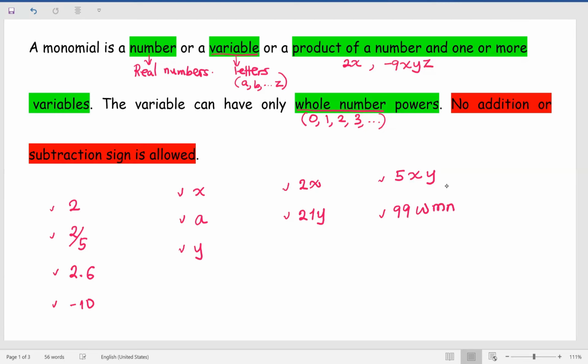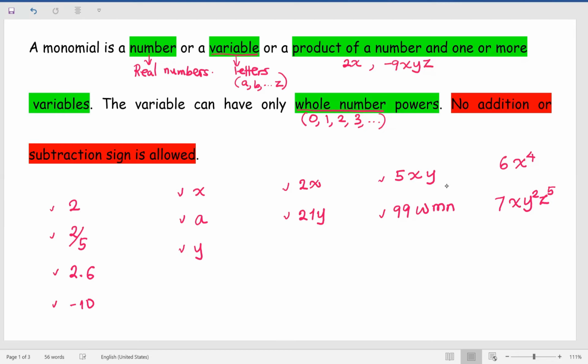You understand that? Now, the other important thing also is that these variables can have powers, but the powers must be whole numbers. Let's say you may have like 6x to the power of 4. You can have, let's say, 7xy squared z to the power of 5. All these will qualify to be monomials.